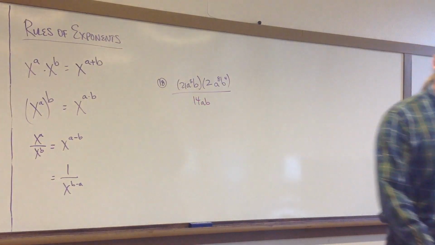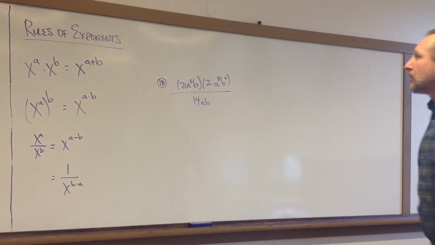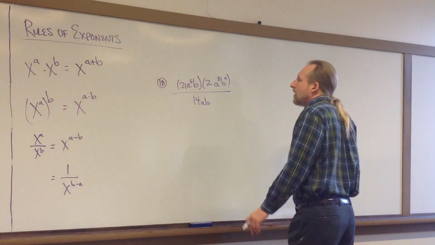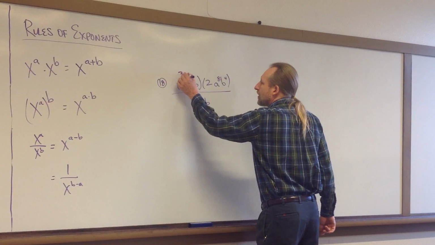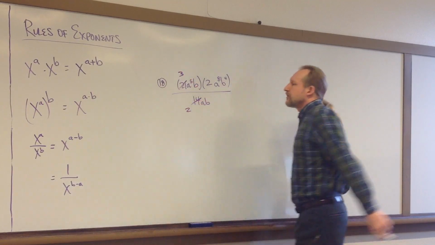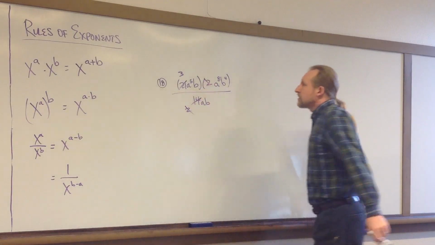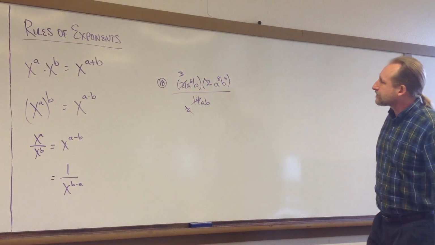Okay, so again, we can go ahead and cancel because there's no exponents outside these parentheses. So we can say 7 into 21 goes 3 times, 7 into 14 goes 2 times, and then these 2's cancel each other out. Okay?